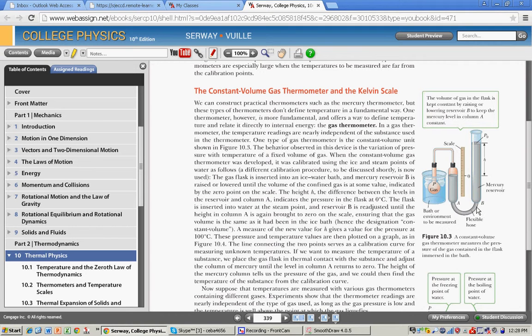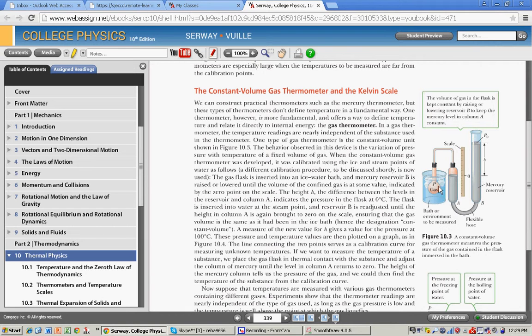Since we learned this before, this pressure here is the same as it is here, right? So the pressure here is the same pressure in here, and this pressure is equal to what? The atmospheric pressure, since this tube is open, plus rho times g times h.